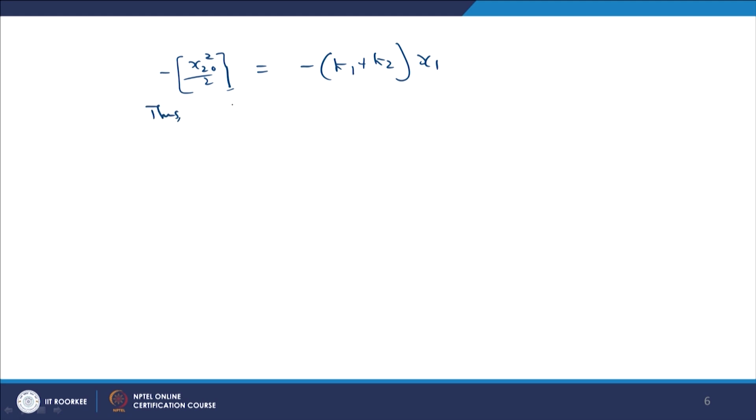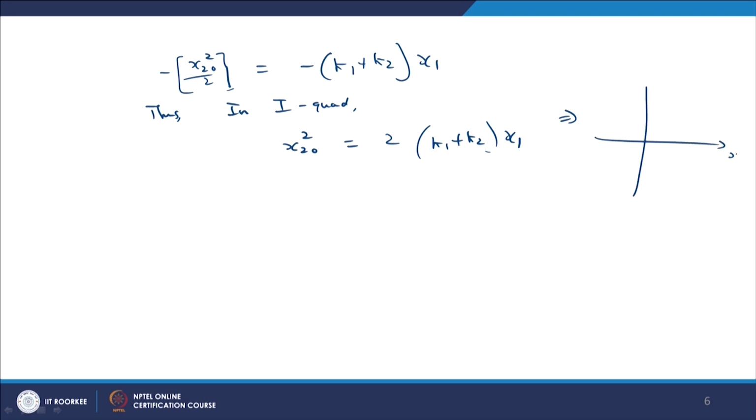Thus, in the first quadrant we have x2 naught square equal to 2 into k1 plus k2 into x1, which is schematically given by x1, this is x2. So, here it is 1. So, here we start from x2 naught and this is O value and say this is P. So, in the first quadrant this is the situation.